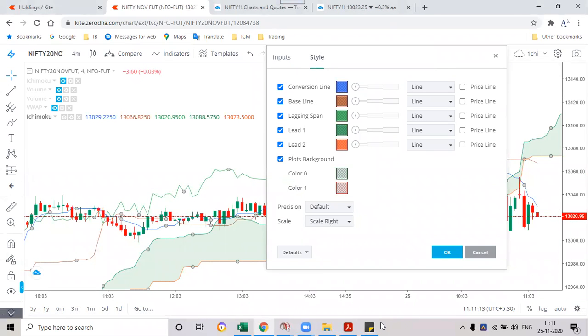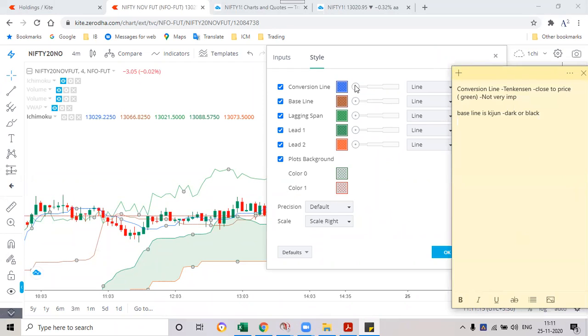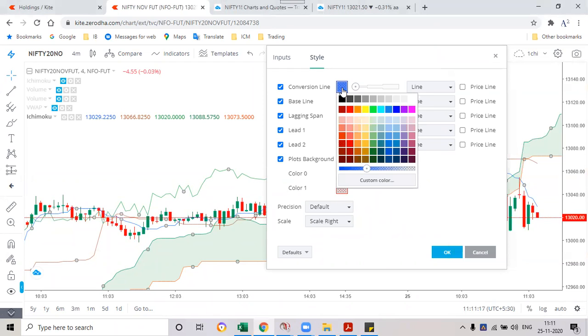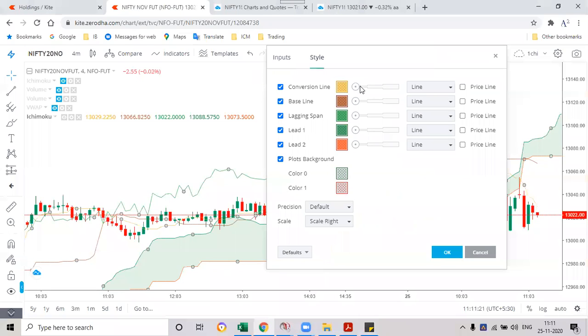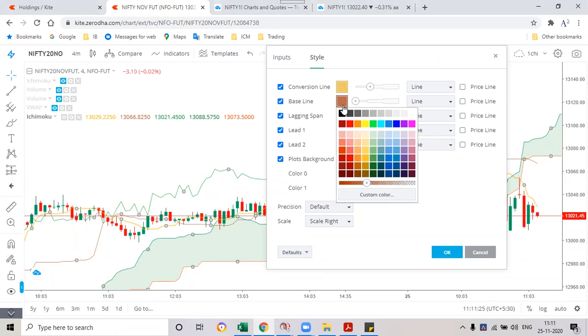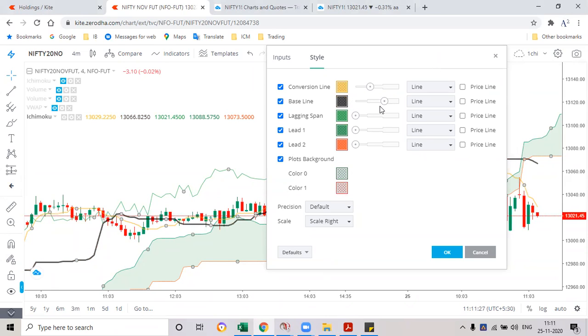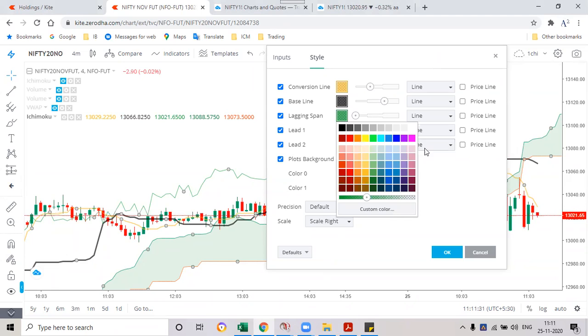Now go to the style. Here we are keeping our conversion line, which is not very important, golden color and making it a bit dark. Then we'll keep the baseline, which is very important for us, black. And the lagging span is very important.